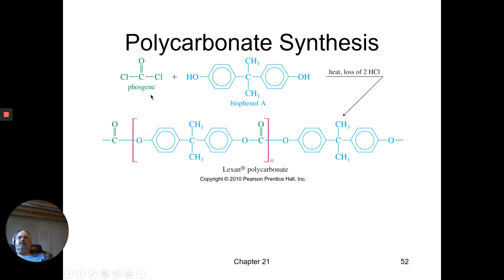This is a gas, and it can react with a diol such as bisphenol A. So we form an ester on both sides, and then we form another ester and another ester, and this keeps repeating itself, and we end up with a polymer. This particular polymer is called Lexan, and Lexan is a very tough and transparent material. It's used in, for example, shatterproof eyeglass lenses.